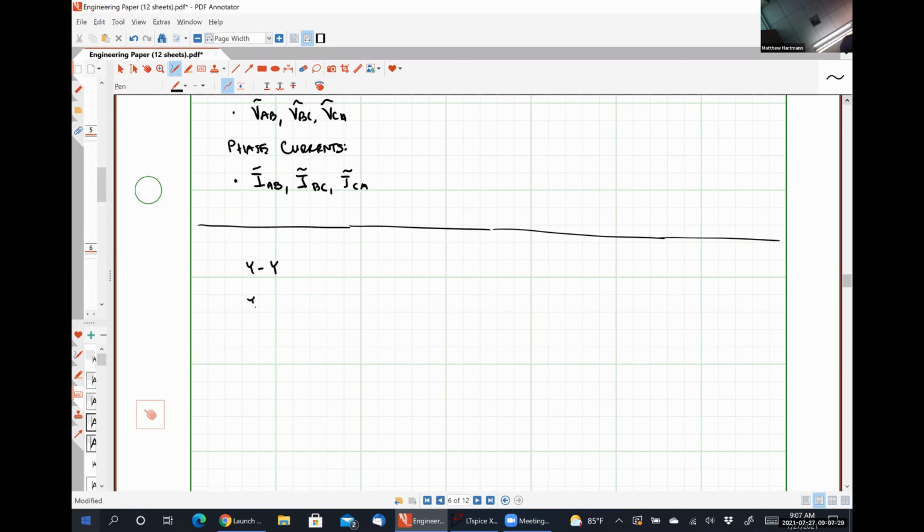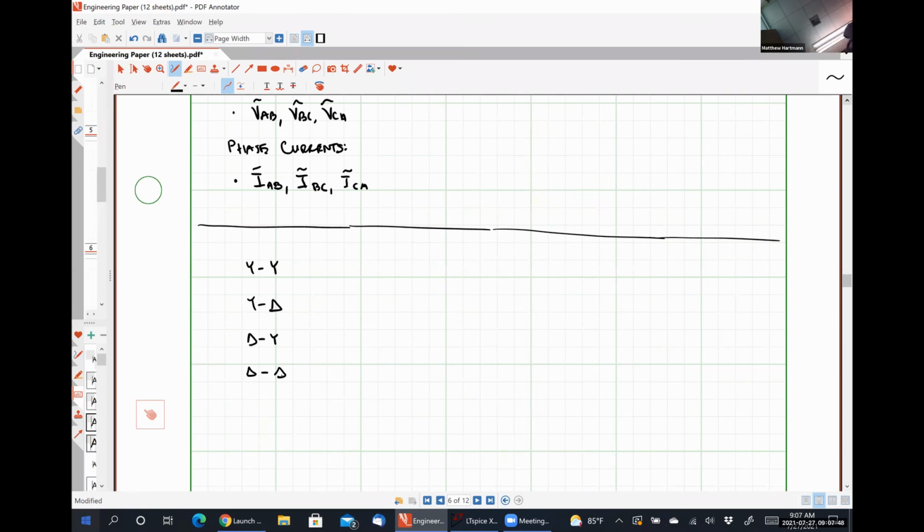Then we could have a Y connected source and a delta connected load. We could then have a delta connected source and a Y connected load, and a delta connected source and a delta connected load. So these are the 4 different permutations that we're going to have to be able to analyze.